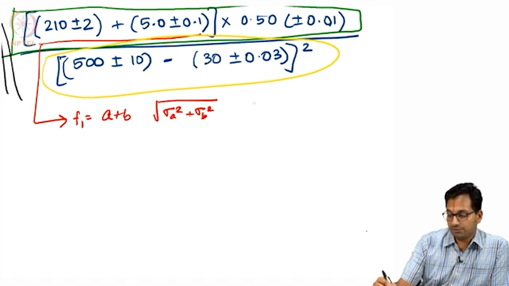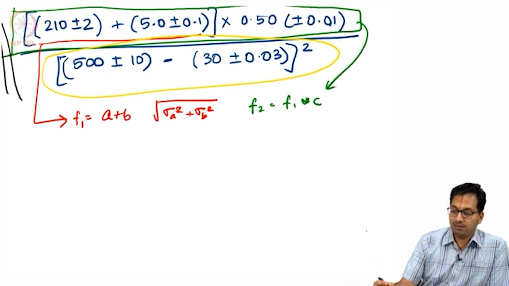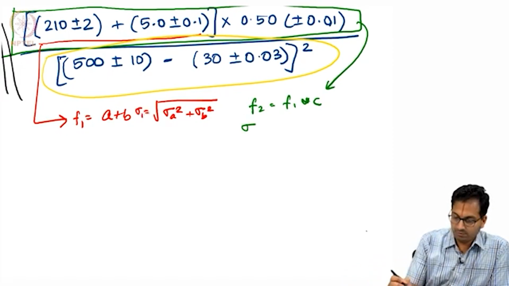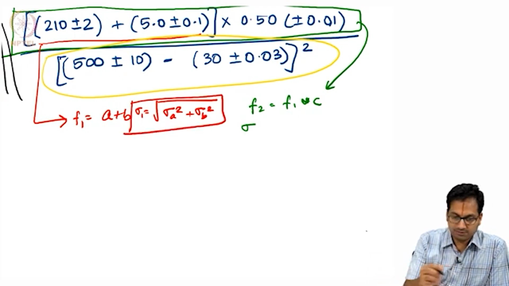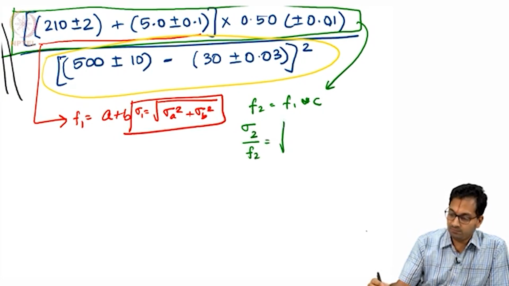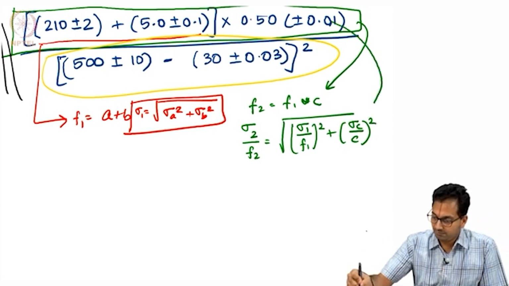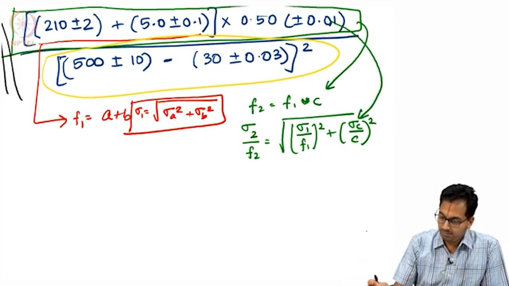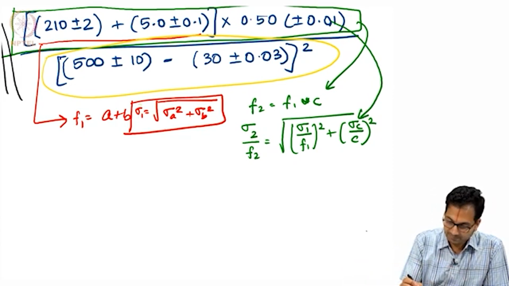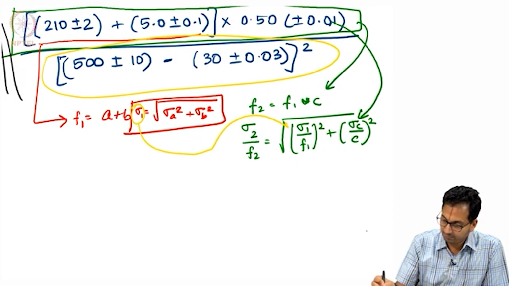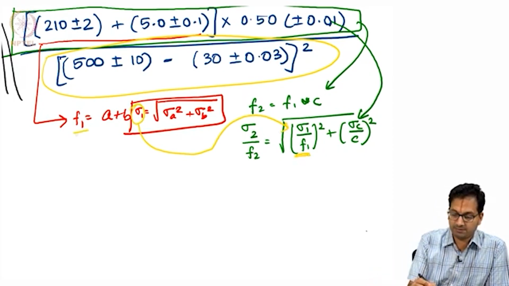We see that the next calculation f2 is f1 times c, in which case sigma 2 by f2 is going to be given by square root of sigma 1 by f1 the whole square plus sigma c by c the whole square, and you have sigma c from here, and the sigma 1 will be fed from this case, and of course f1 is determined in this case already by the sum of 210 plus 5.